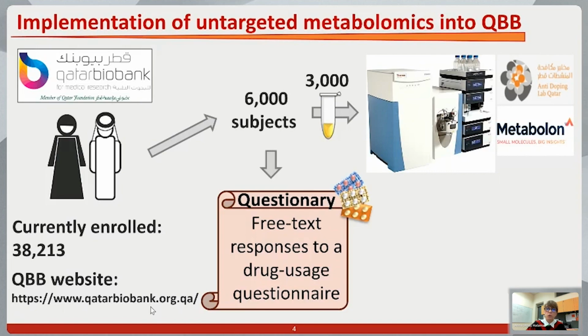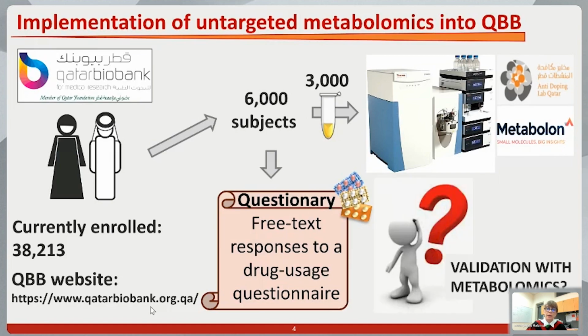Also, for the same individuals, for 6,000 of them, we had questionnaires, and those questionnaires reflected on the drug usage by those particular people. Why this is important from a different perspective, especially from the epidemiological point of view, is that you like to know what kind of drugs your population is really relying on for the future. It's pretty important.